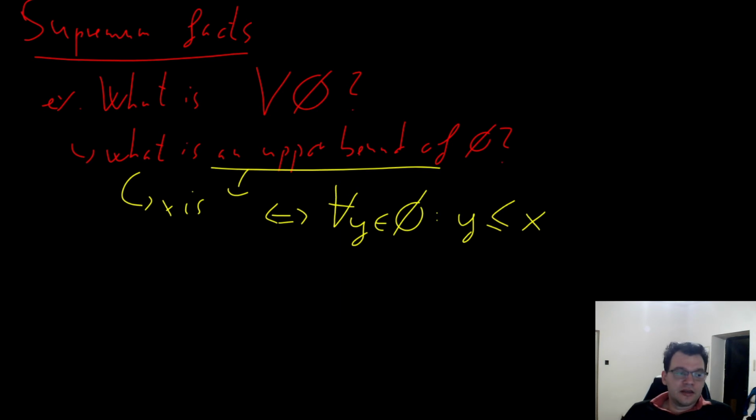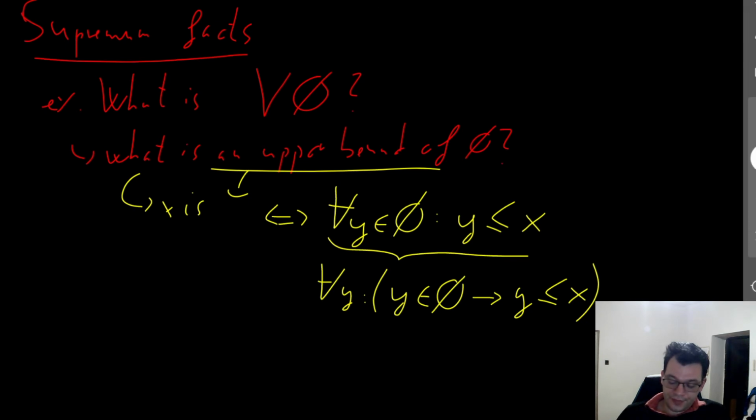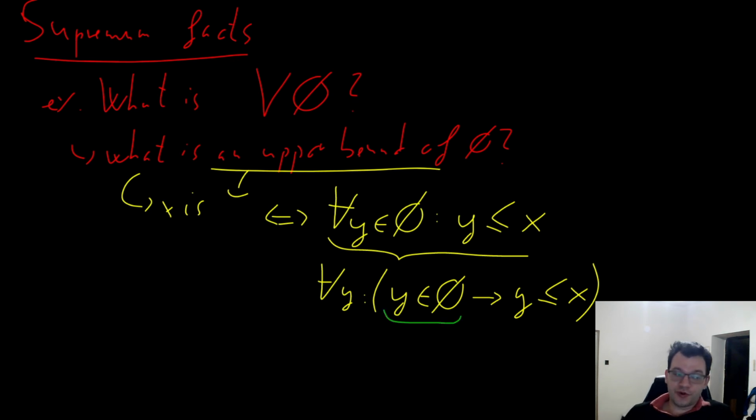Okay. Now, this always means that for any element y of the whole poset, we have this implication: if it's in the empty set, then it's smaller than or equal to x. Now, this implication is always true because this part evaluates to false for any possible element of the universe of the poset P. This part of the statement, that y is a member of the empty set, is false.